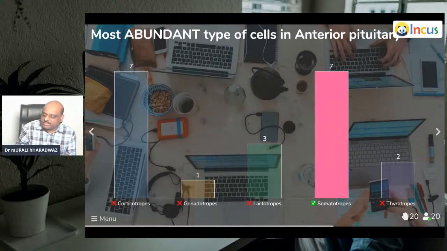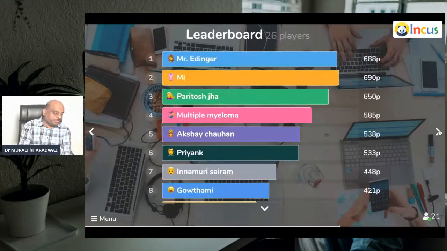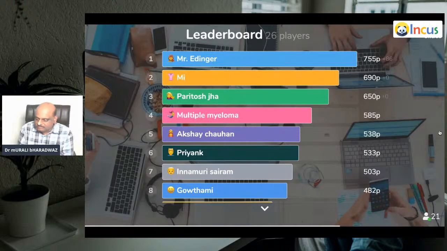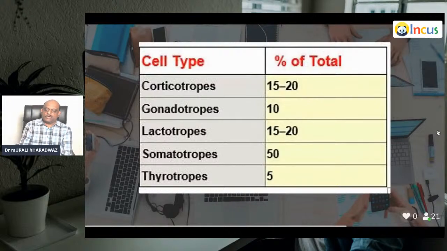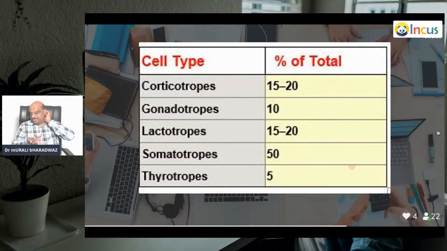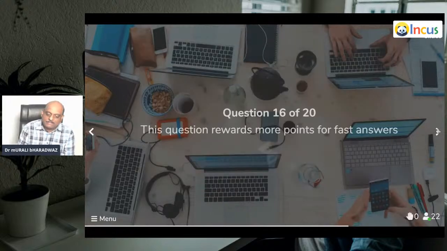Somatotropes are most abundant is what you should remember. Good. That keeps Edinger on the top. So, doctor, 15 to 20% are corticotropes. Thyrotropes are least. Somatotropes are 50%. That's what you need to remember.